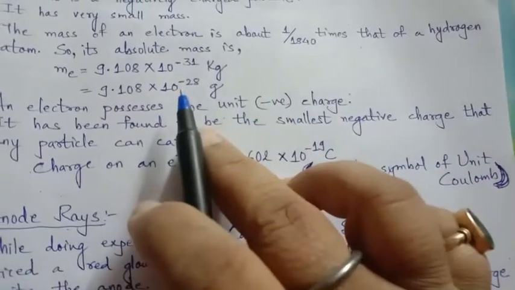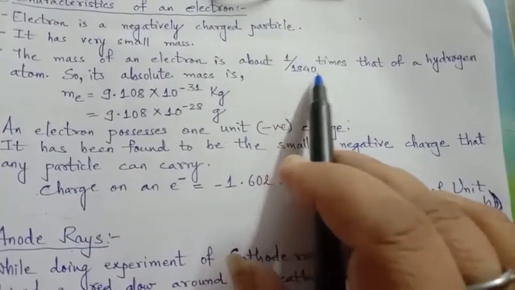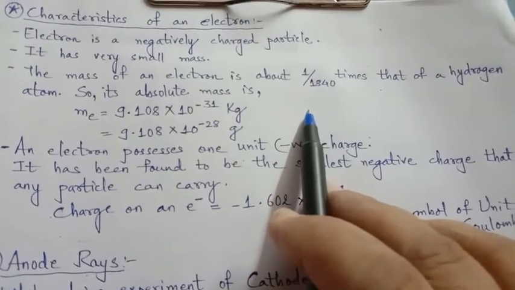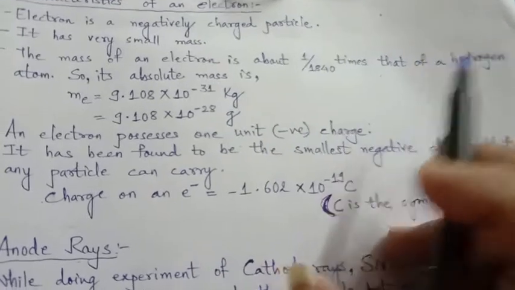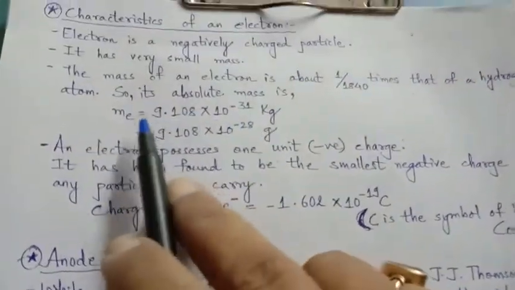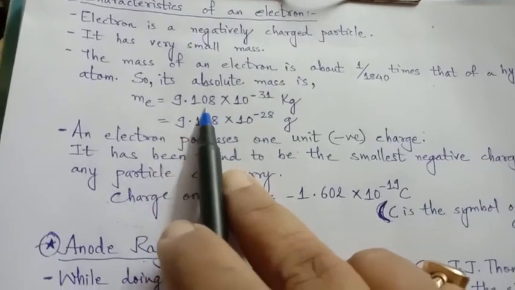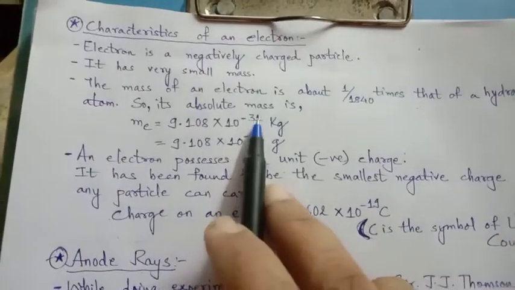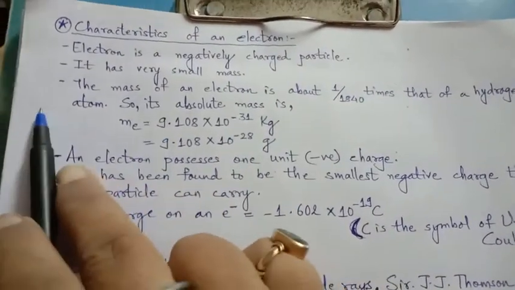And you see the electron is 1 upon 1840 times smaller, so you can see 1 divided by 1840. What is the calculation? The mass here is shown as 9.108 into 10 raised to minus 31 kilogram. When I say minus, that means this many zeros come before 9.